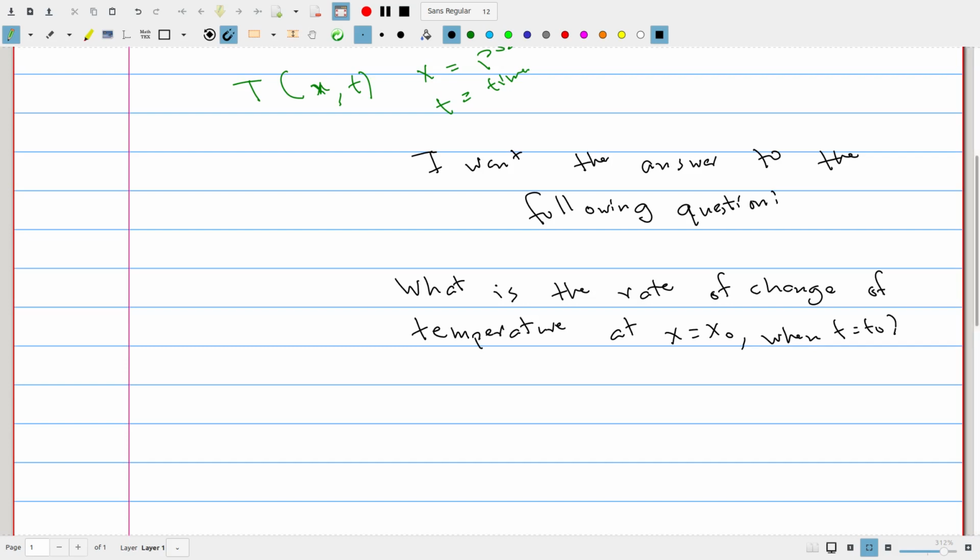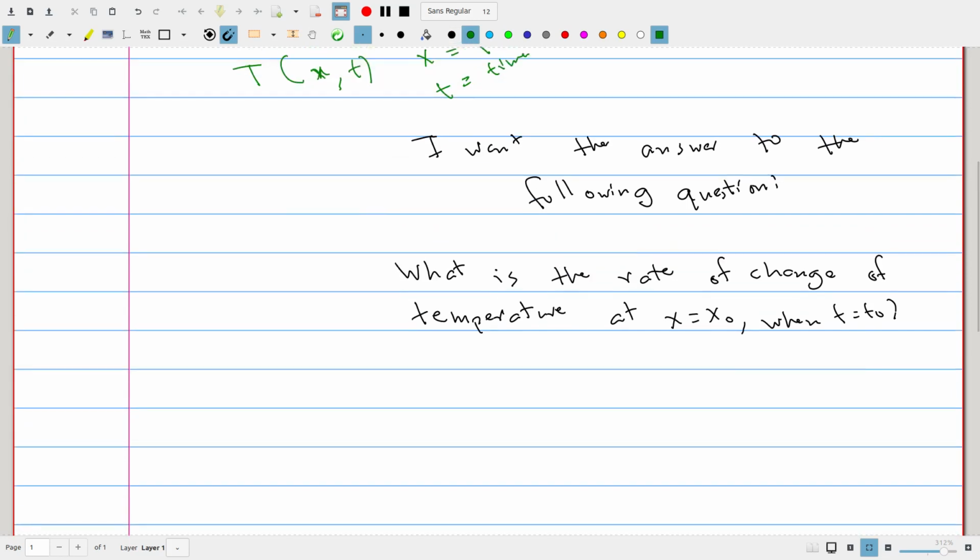Now, first of all, how would you find this? Well, one way of doing it would be to find this limit. You let x0 stay fixed and you let t vary, so that's T of x0, t0 plus h minus T of x0, t0, divided by h.